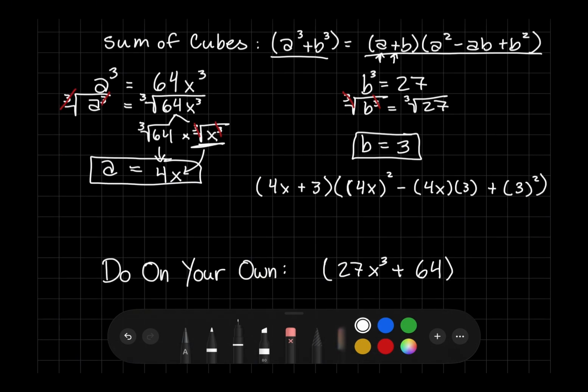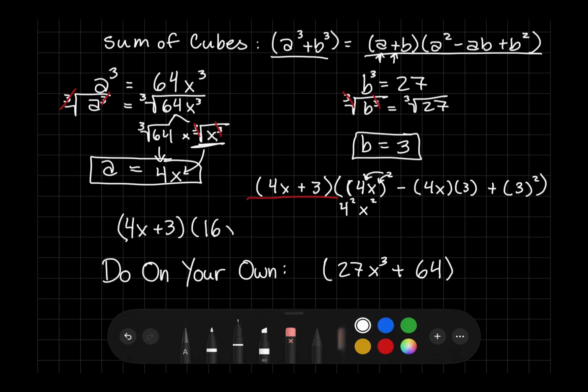Let's simplify. Once again, you're probably never going to need to simplify that if you have done this part here correctly. 4x plus 3. Distribute that exponent, so you have 4 squared times x squared. My 4 squared is 16.